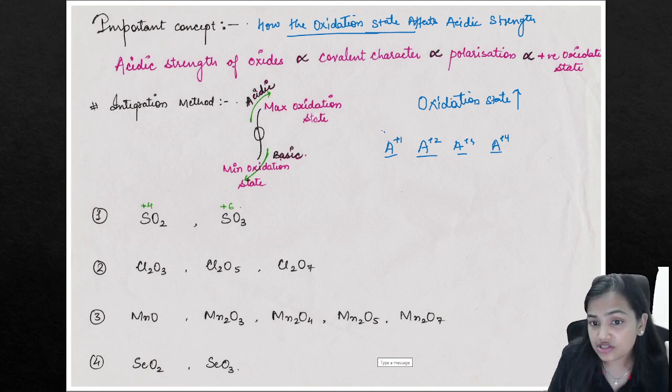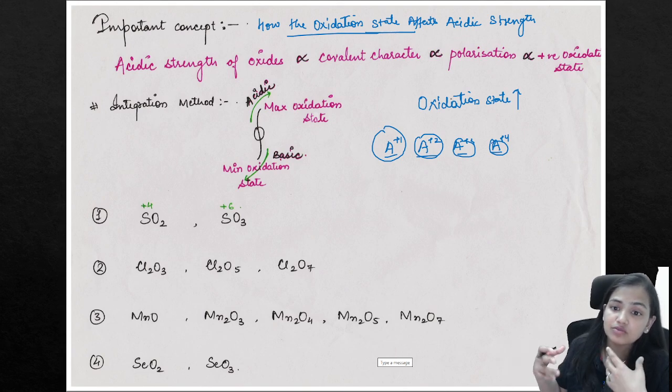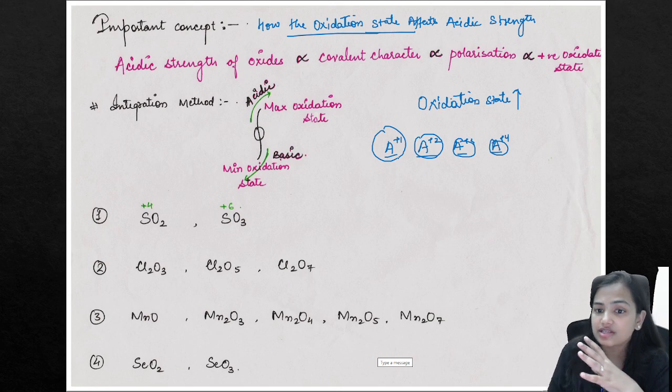As the oxidation state increases, the size decreases. You agree with this or not? This is the size of an ion. Here we have more protons and fewer electrons, so Z effective increases and therefore size decreases.